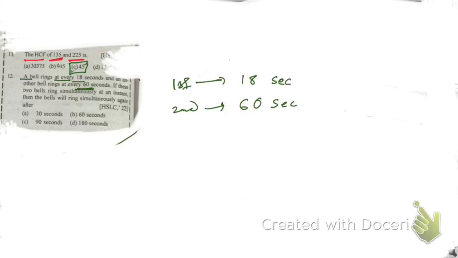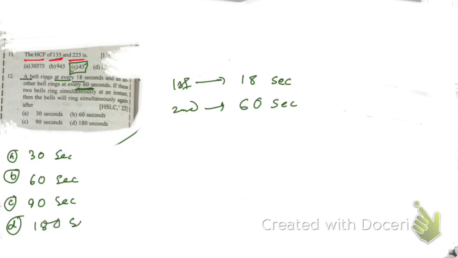These two bells will ring simultaneously again after how long? There are four options: A is 30 seconds, B is 60 seconds, C is 90 seconds, and D is 180 seconds.